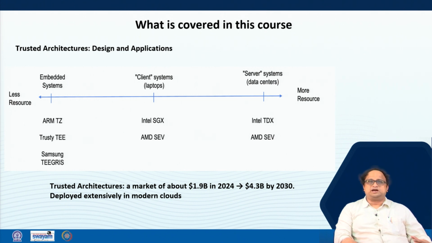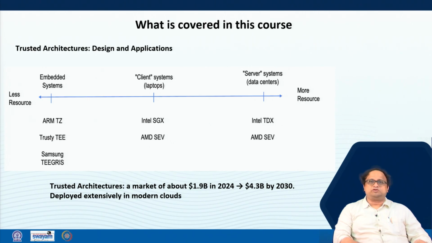For example, there are solutions from ARM, from Intel, from AMD, and several companies which try to give us techniques of trusted architectures, which are also a very important piece in the gamut of PETS techniques. And there is a huge market that is evolving.